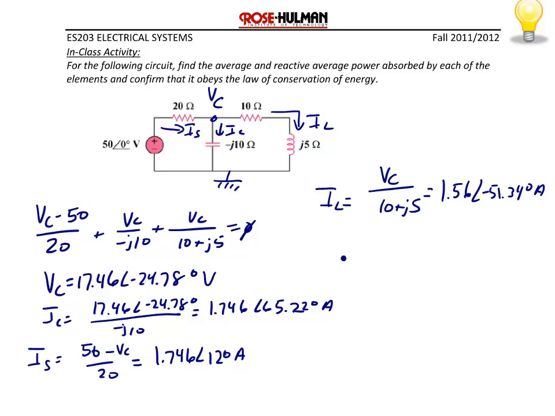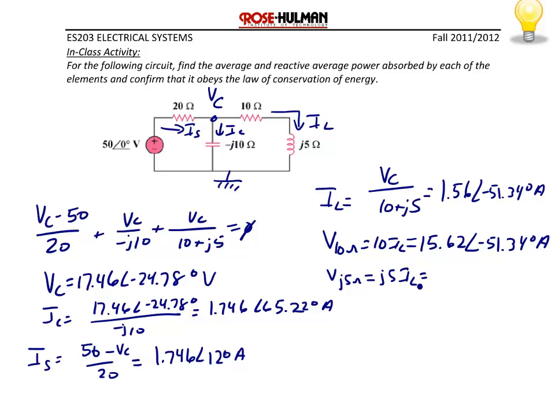And now that I know IL, I can find the voltage across the 10 ohm resistor, which is 10 times IL, or 15.62 with an angle of negative 51.34 degrees. And I can find the voltage across the j5 inductor, which is j5 times IL, which is 7.81 with an angle of 38.66 degrees, and the units are volts for both of those.